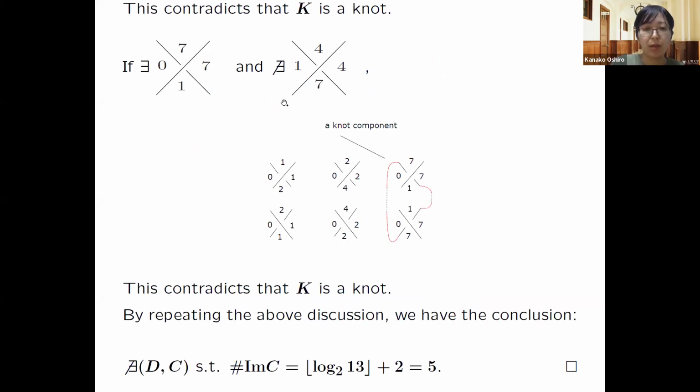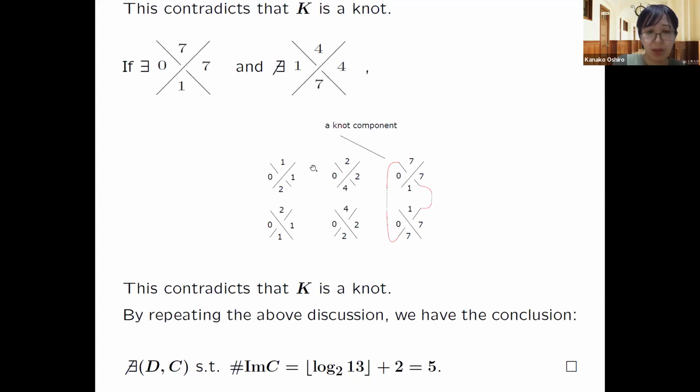Next, if there exists a crossing colored by 0, 7, 1, 7 and we don't have a crossing 1, 4, 7, 4, the same situation happens. So this contradicts that K is a knot.